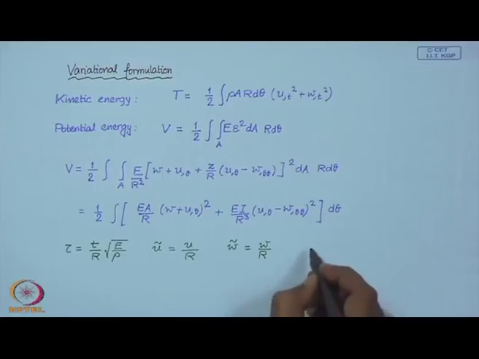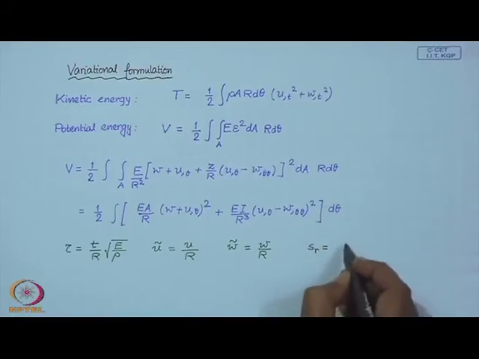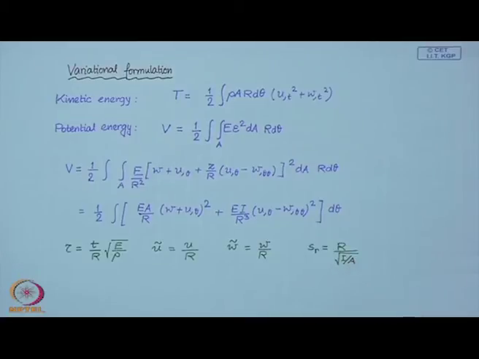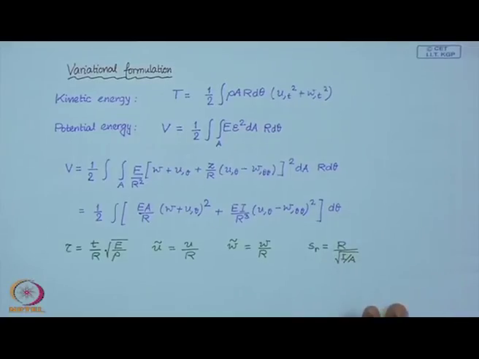And I will also define the slenderness ratio like this. So, the radius of curvature of the beam divided by the radius of gyration of the cross section. So, that reflects the slenderness of the beam.